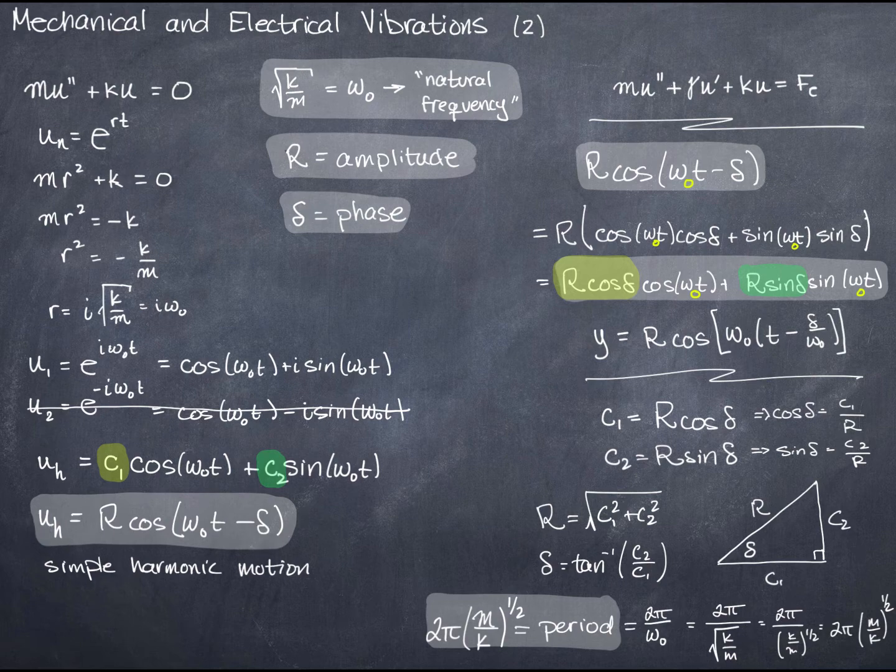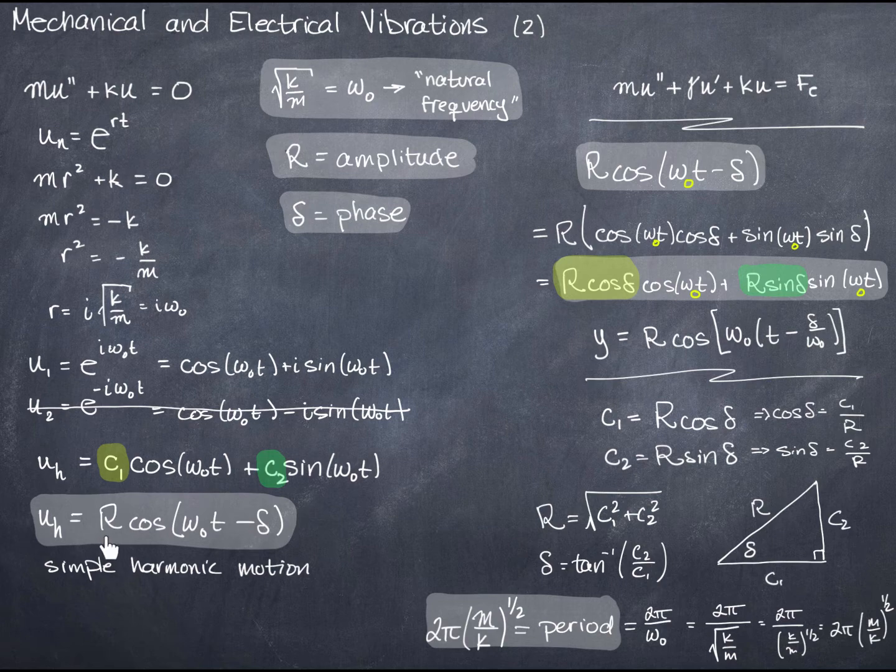So if you graph this thing, let's say you let r be some constant 2 or 5 or the square root of 13, give omega a constant value and delta a constant value, then you'll be able to plug this into a graphing calculator or Desmos or something, and you'll get a graph. And the graph that you get will have a constant amplitude.